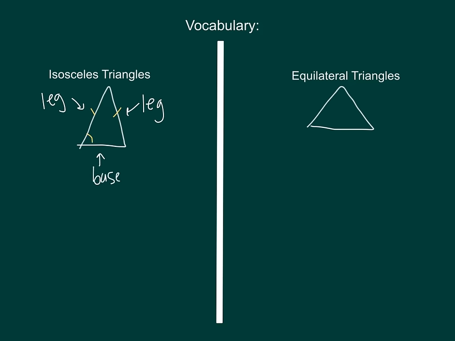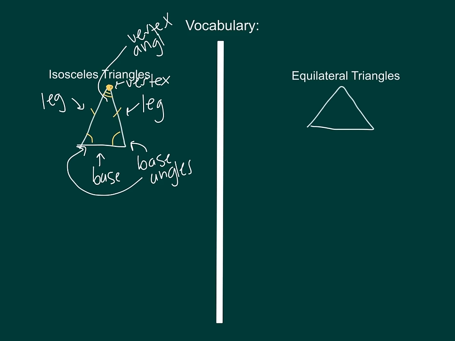These here are called our base angles because they're on the base, okay? And then at the very, very top where the two legs come together, this is called our vertex. Okay, and that's going to be our vertex angle.